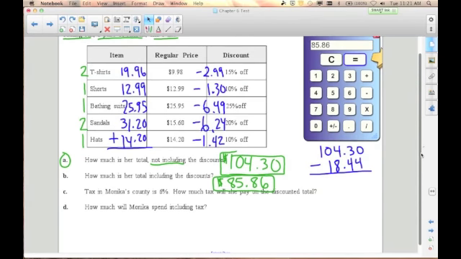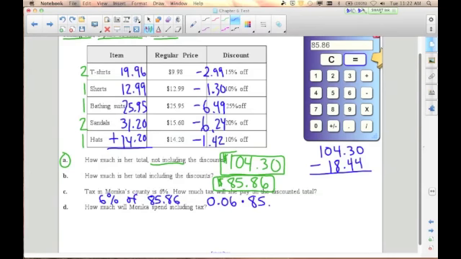Then it says that I need to pay 6% sales tax. So it's 6% of $85.86. So I take the decimal equivalent, multiply it by 85.86, and then I'm going to get how much she's going to pay in tax, which is going to be $5.15, rounded to the nearest penny.